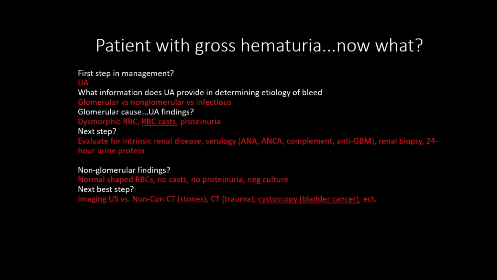But really, it's going to be imaging. So whether that's ultrasound in patients that need that, a non-con CT is your ideal imaging for stones, a CT of the abdomen pelvis if you think there's some sort of trauma, like maybe an organ laceration. I've seen a lot tested, 11th and 12th rib fractures causing a kidney laceration and bleeding that way.